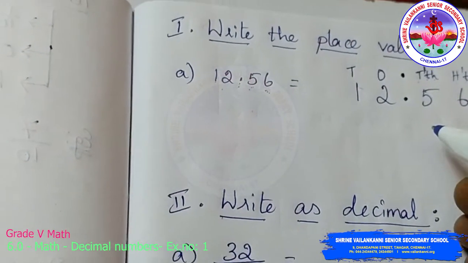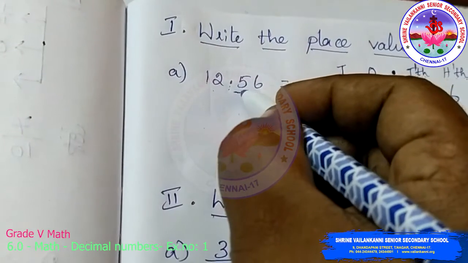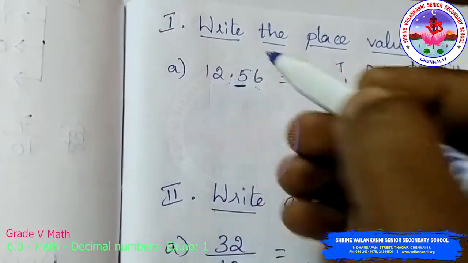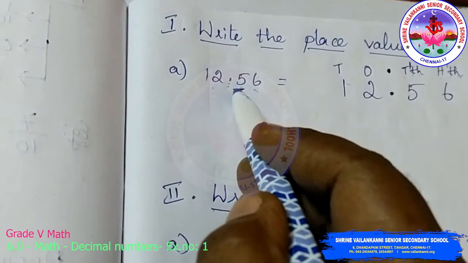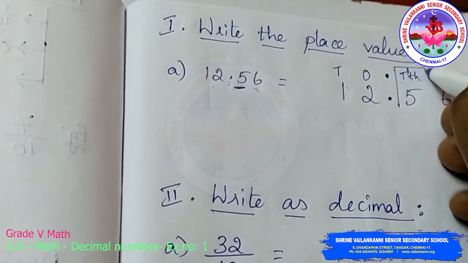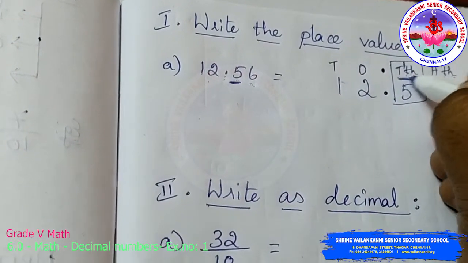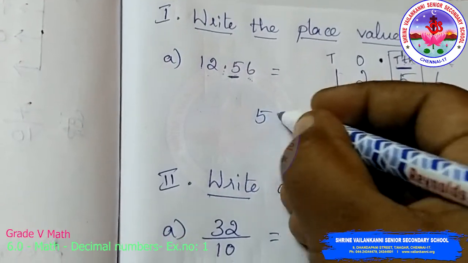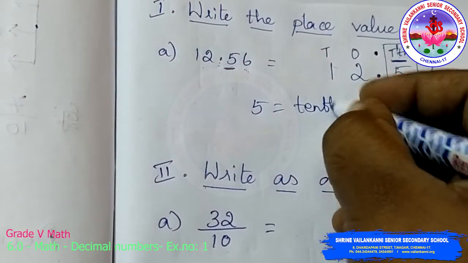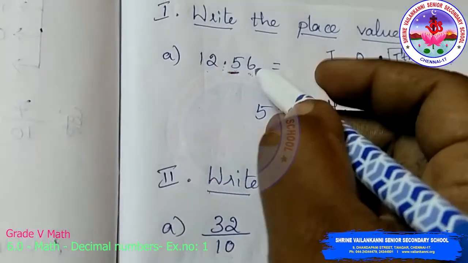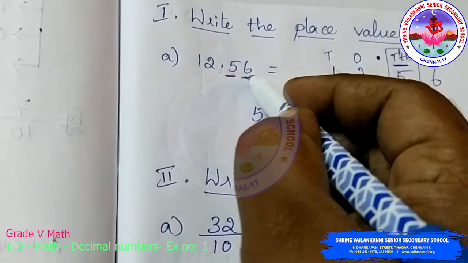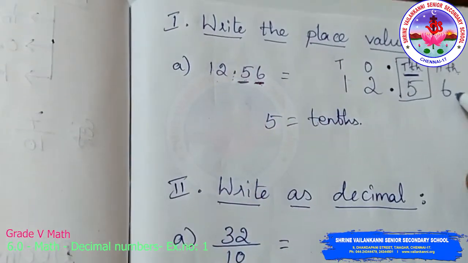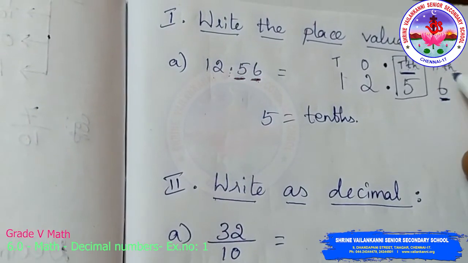Now in case you want to find the place value of this 5, check above. The place value is tenth. If you want to find the place value of 6, what is the place value of 6?